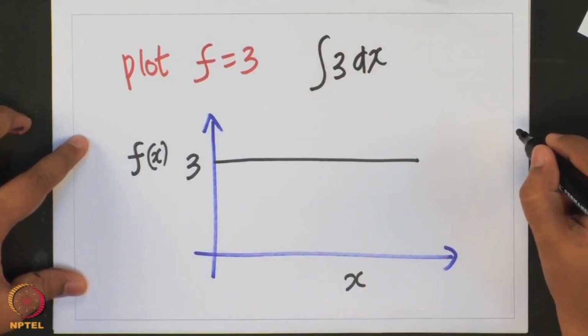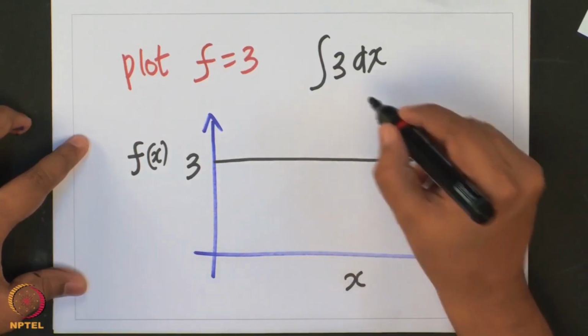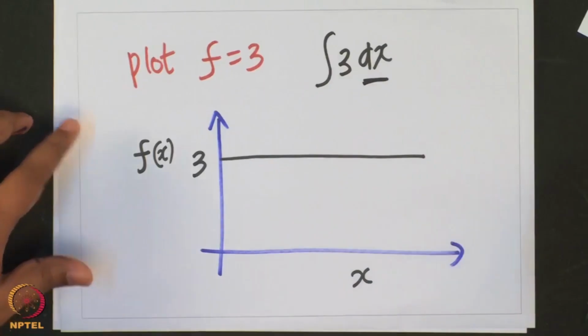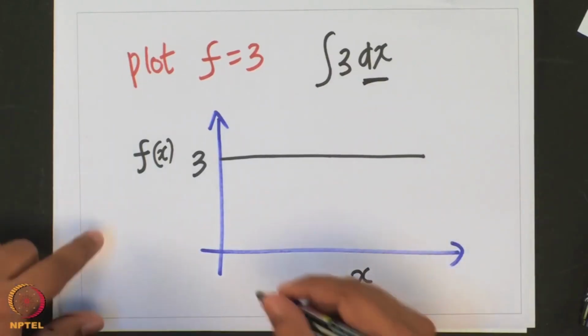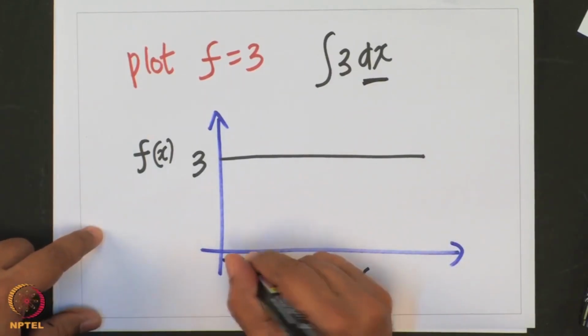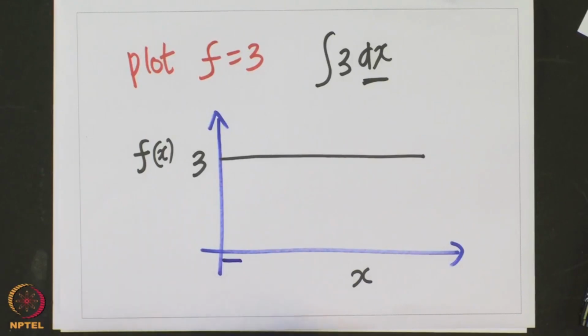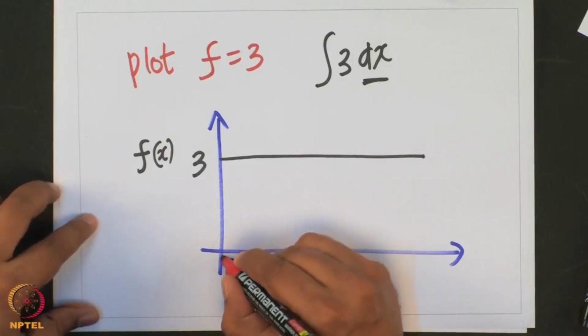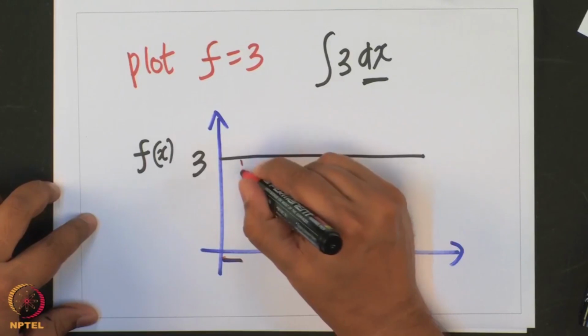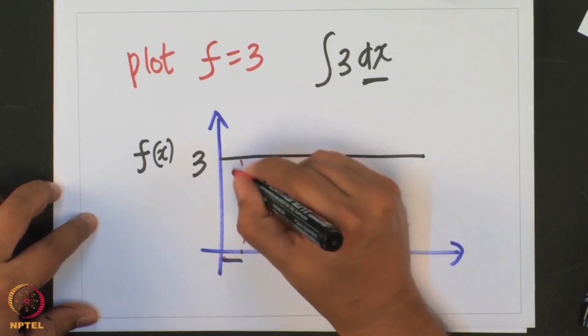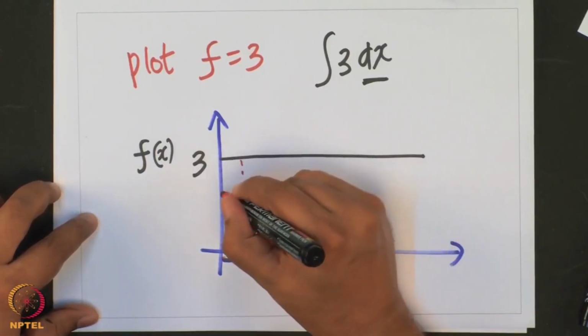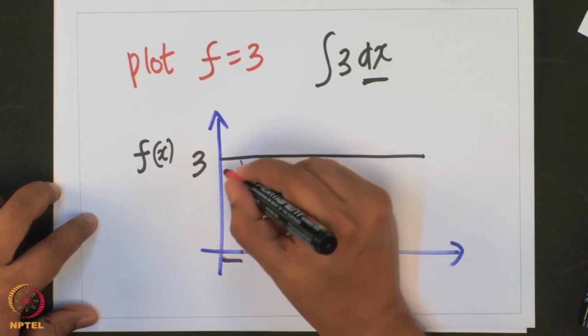So we learned that dx is a small interval. If I just take a small interval here, this is my small interval, and this is my 3. What is this integral 3 dx?